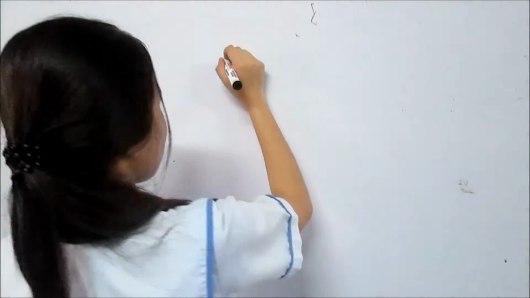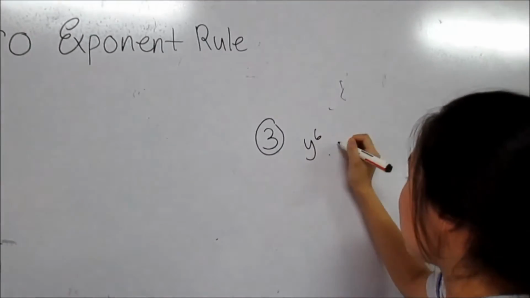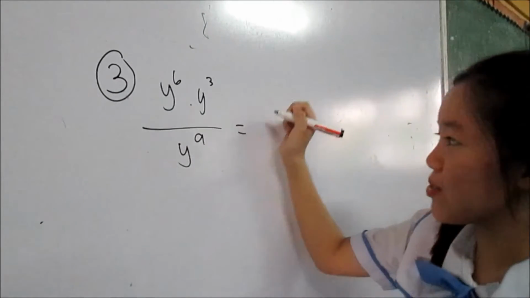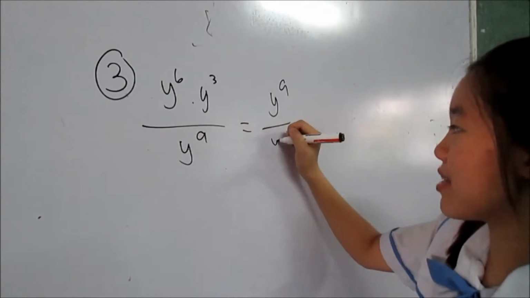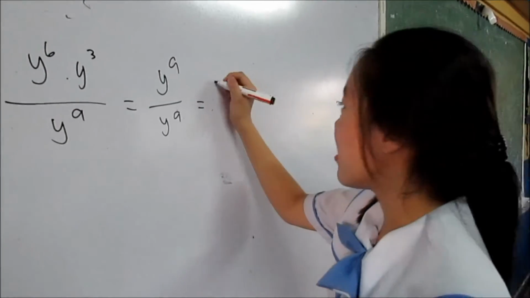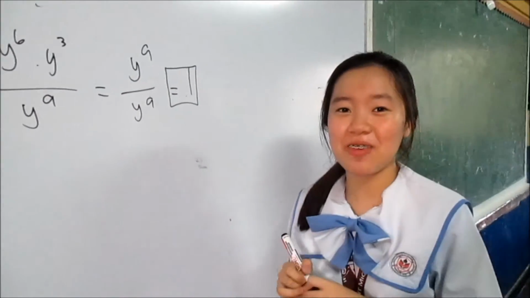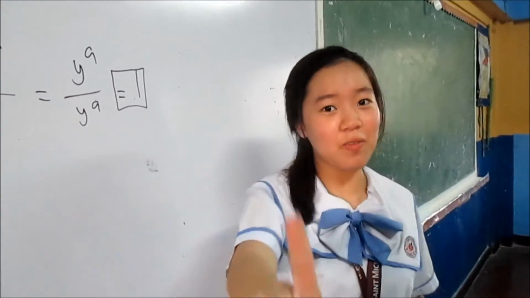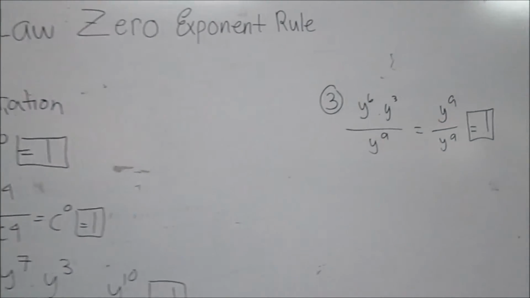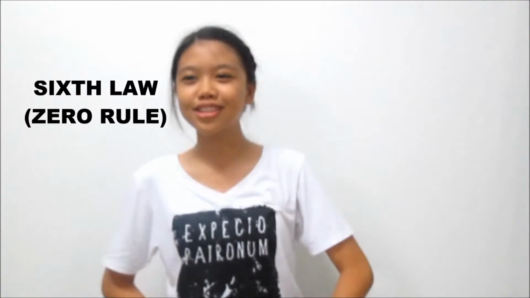Example number 3. y raised to 6 times y cubed over y raised to 9 is equal to y raised to 9 over y raised to 9. But the answer will always be 1. It's just easy, right? Just always remember that the answer will always be 1.